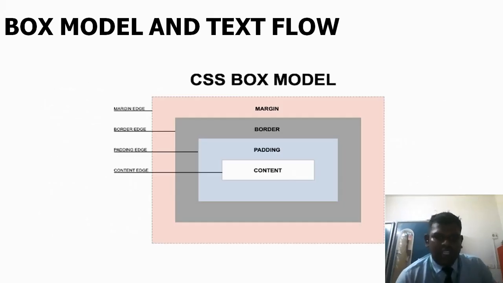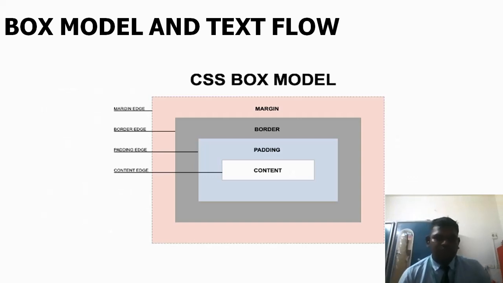Here you have to see in your monitor. You have to clearly define: inside is content, around it is padding, around padding is border, and around border is margin. This is the way you differentiate them on your screen. First your content, the user-defined elements, then padding around the content, then border around the padding, then margin.